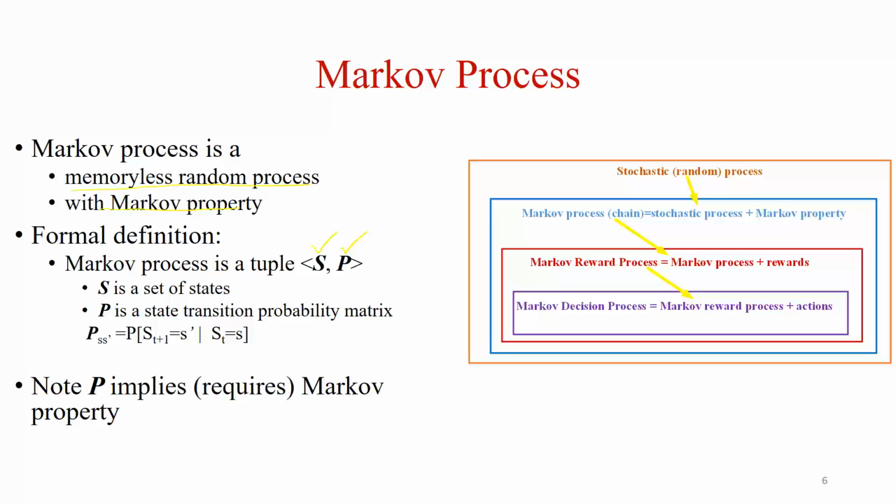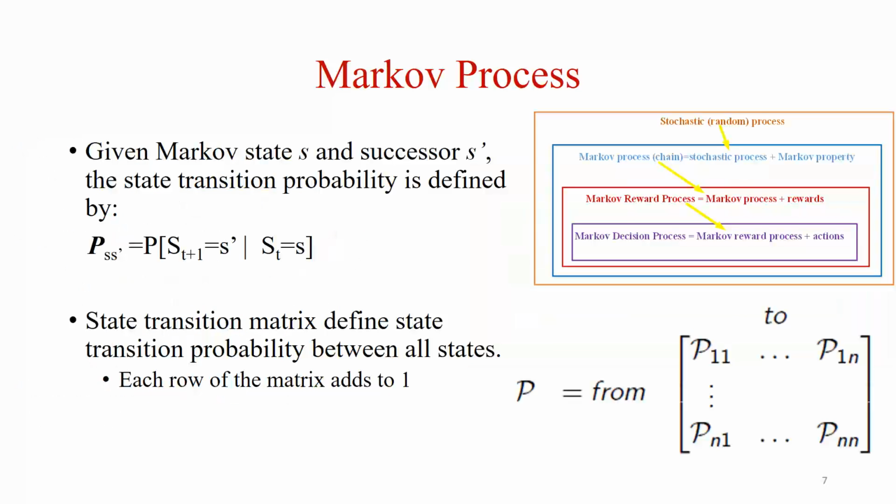So this transition probability matrix tells me that if I want to transition from state S to state S prime, then it provides for me that probability.